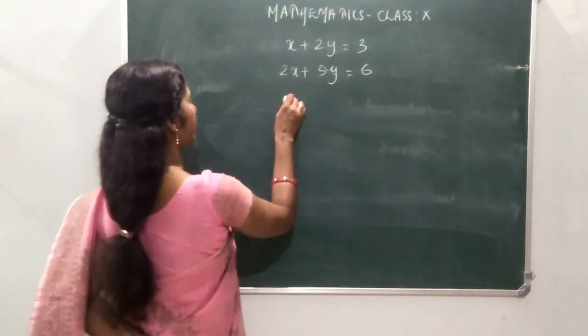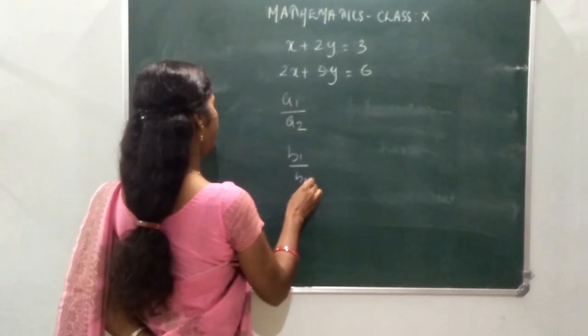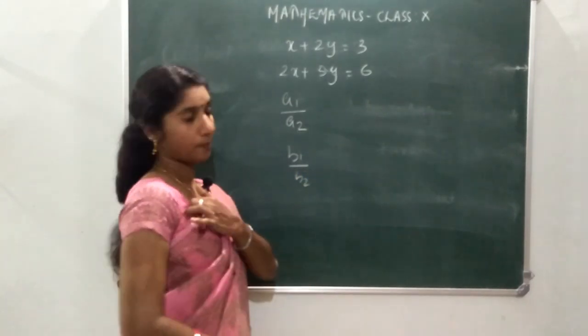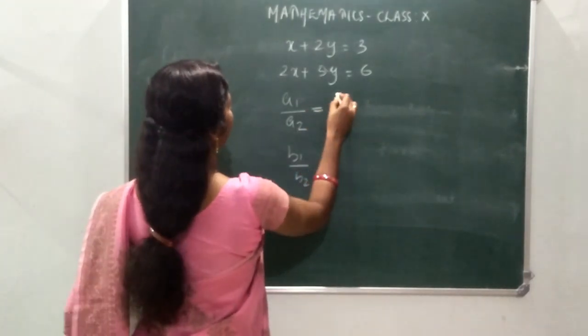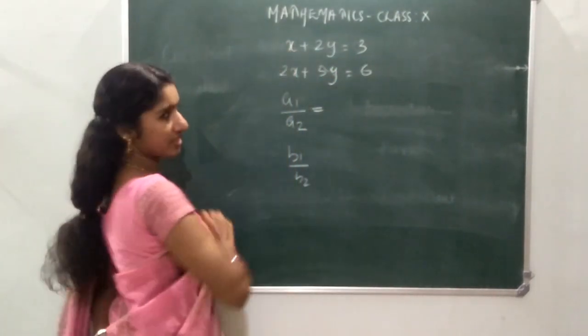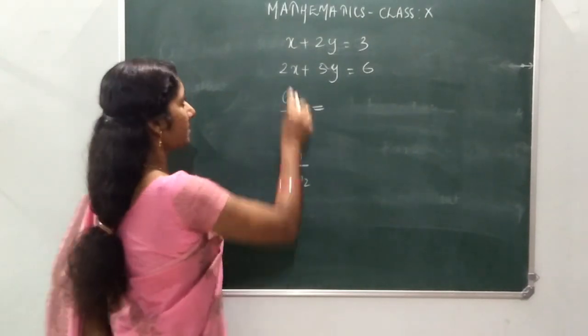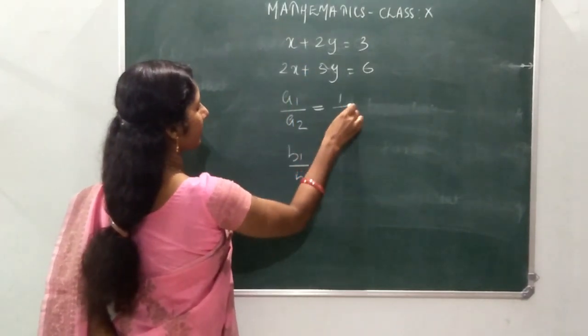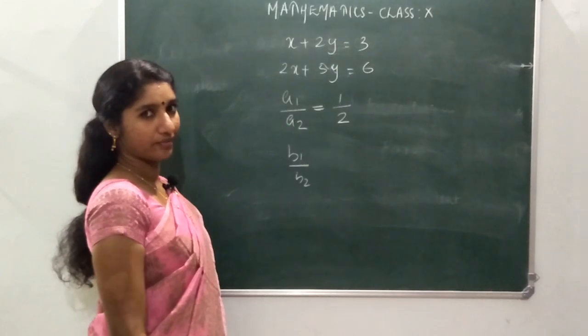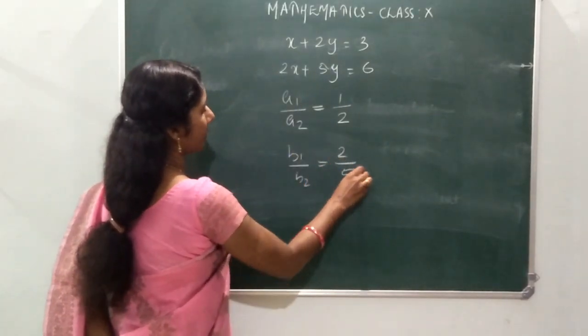To check consistency, we can find a1 by a2, b1 by b2, c1 by c2. Here a1 is the x coefficient of the first equation, and a2 is the x coefficient of the second equation. So a1 by a2 is 1 by 2 and b1 by b2 is 2 by 5.